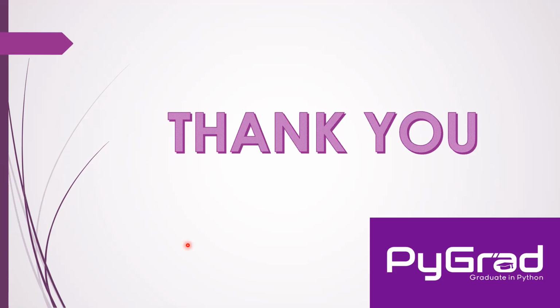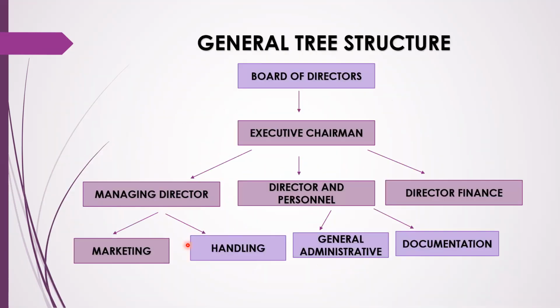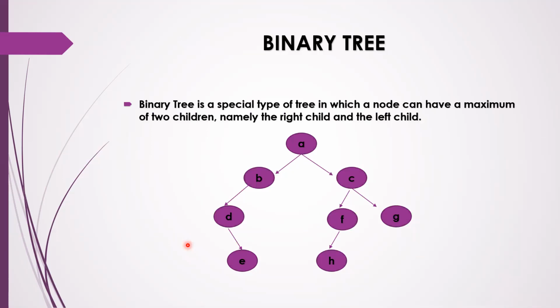So today we saw how a binary tree is created, and its definition. A binary tree is a special type of tree in which a node can have a maximum of 2 children, from 0 to 2 children.